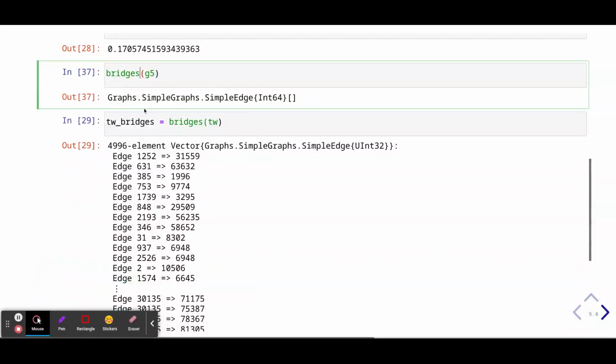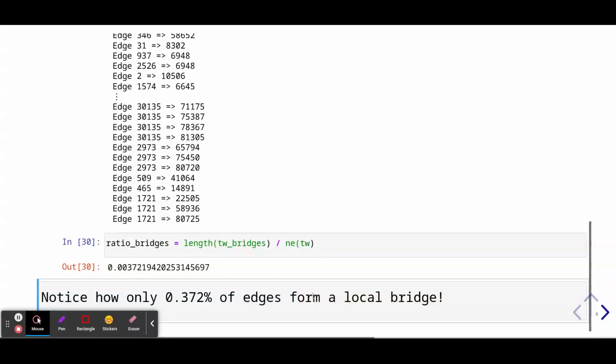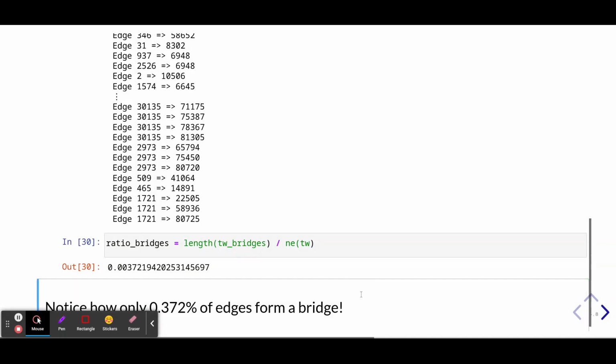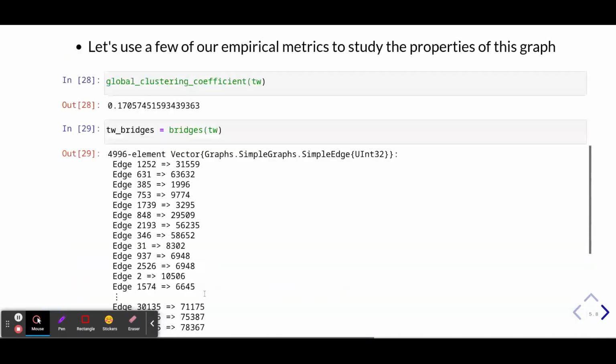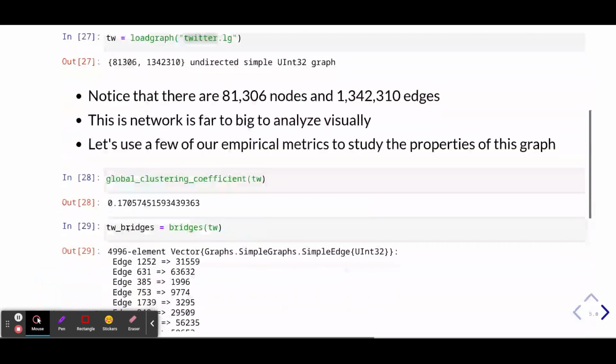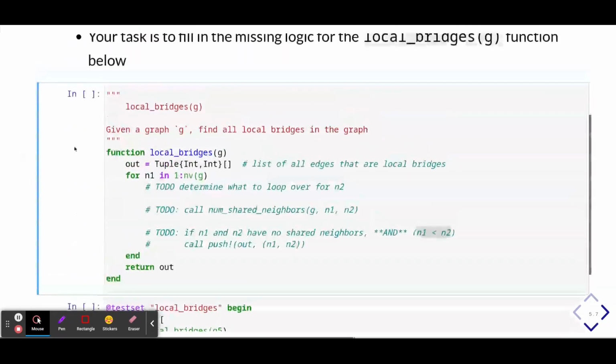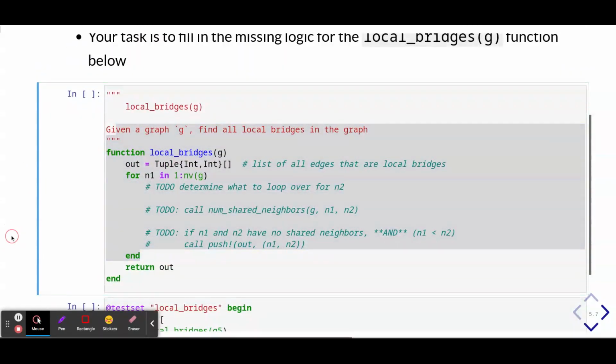So this function is built in, and it tells us how many true bridges there are. It would be very interesting, and I encourage you, to look at how many local bridges there are using the function that you just created, and compare that to the number of actual bridges.